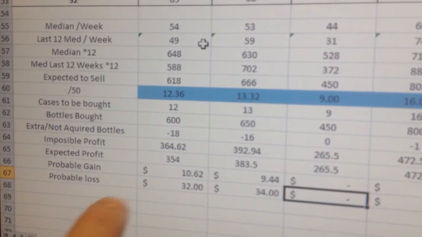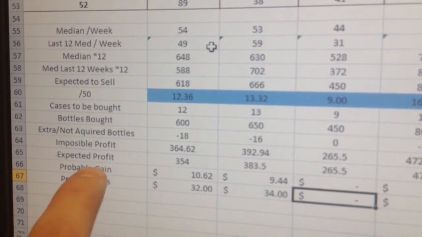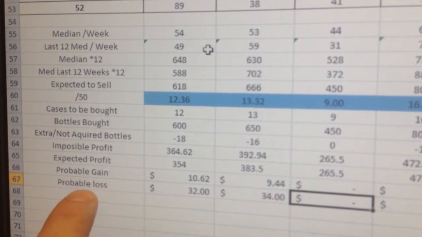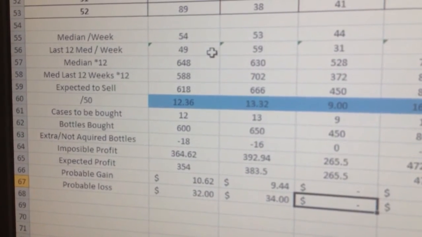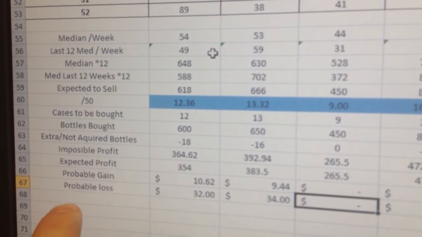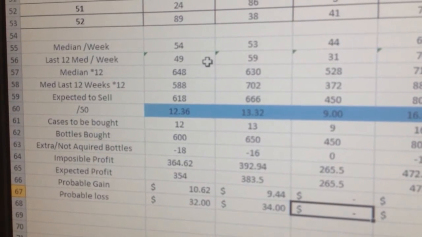What this one was is, we stuck with 12. The reason being is because if we bought 12 cases and sold the exact 600, we would have to throw away the pop that we didn't sell.